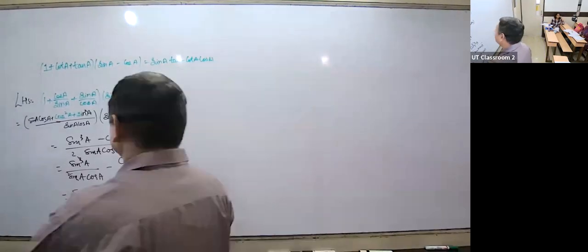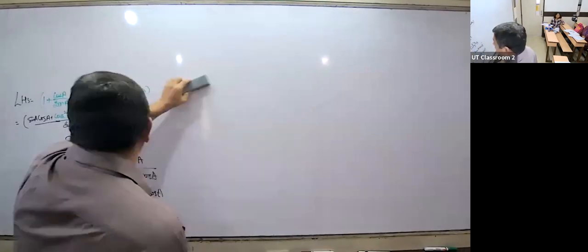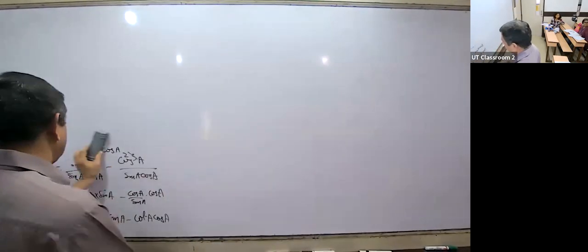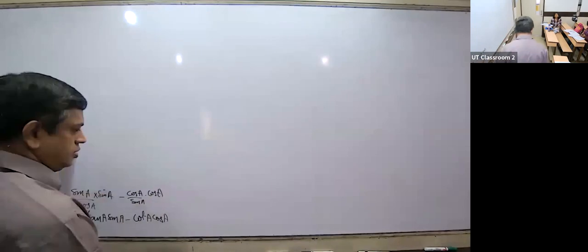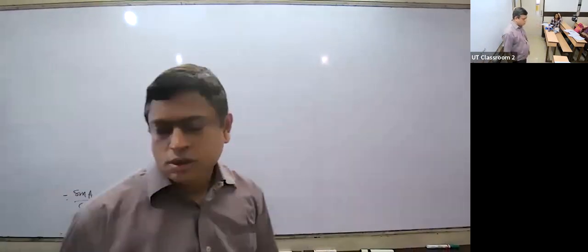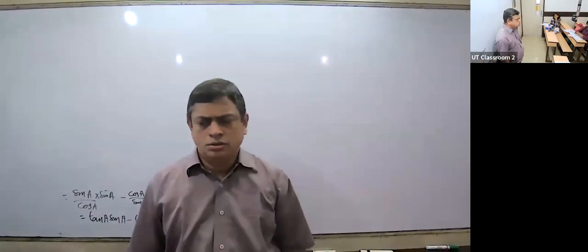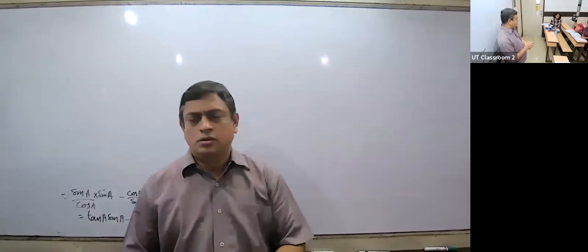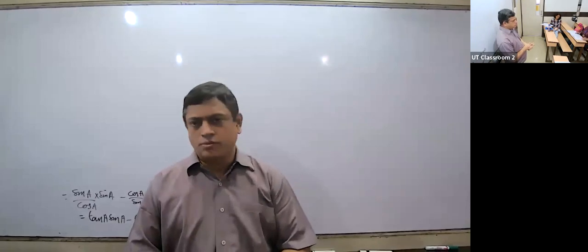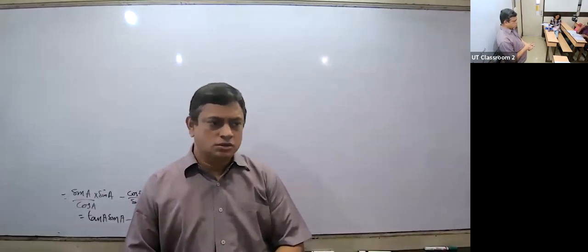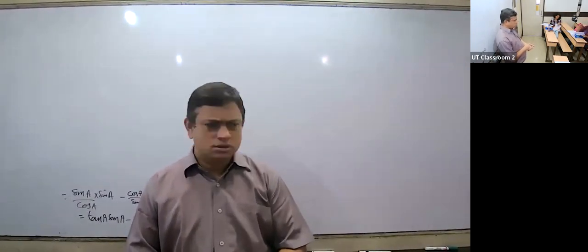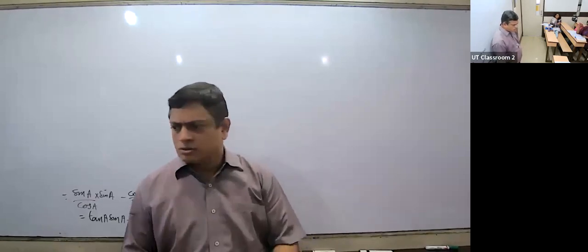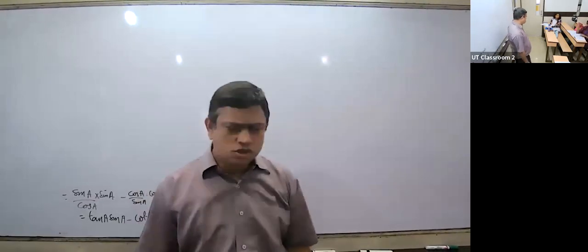I will give after 9. I will do the trigonometry exam after my school. Any other doubts anywhere, any chapter? What is the doubt? Linear equation. This is all done. It was discussed in the class.